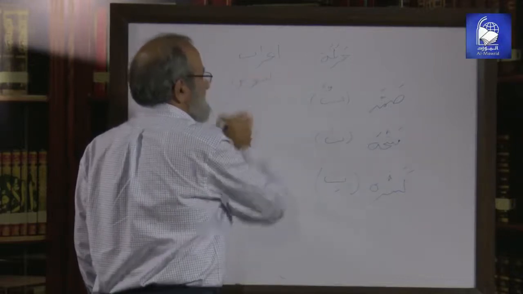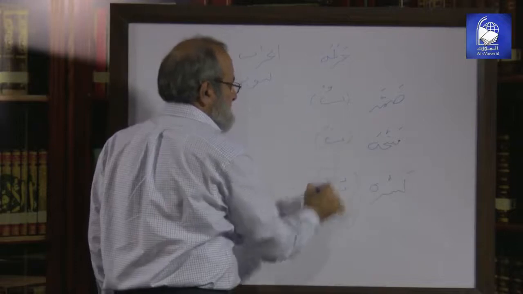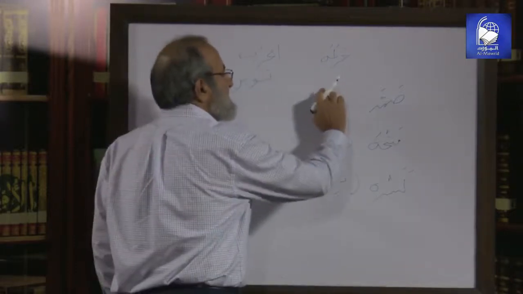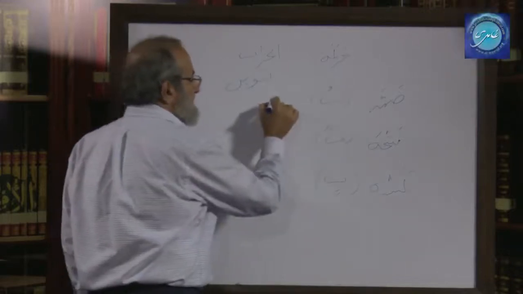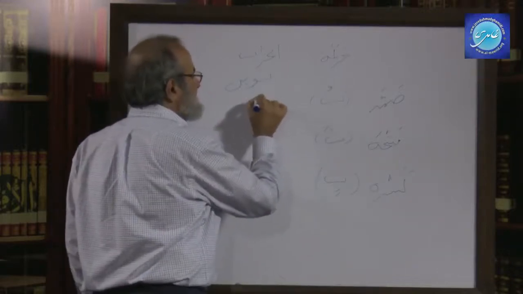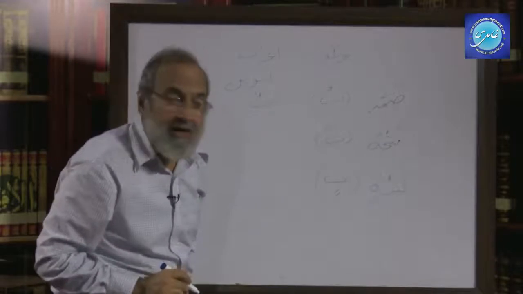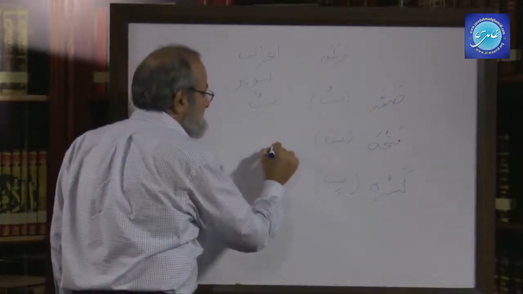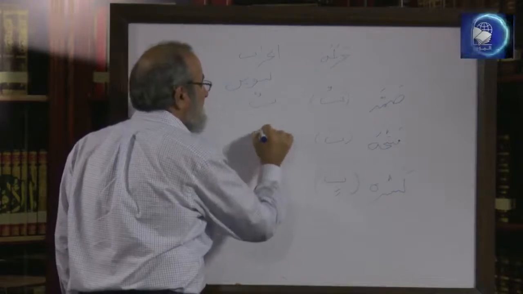You are doubling it. Here also you double, and here also you double. And what happens? When it was single, it was bu. But when it's double, it's bun. When it was single, it was ba. But when it's double, it's ban.